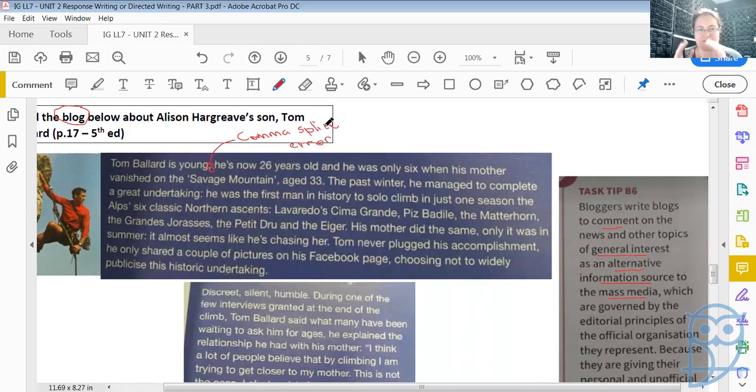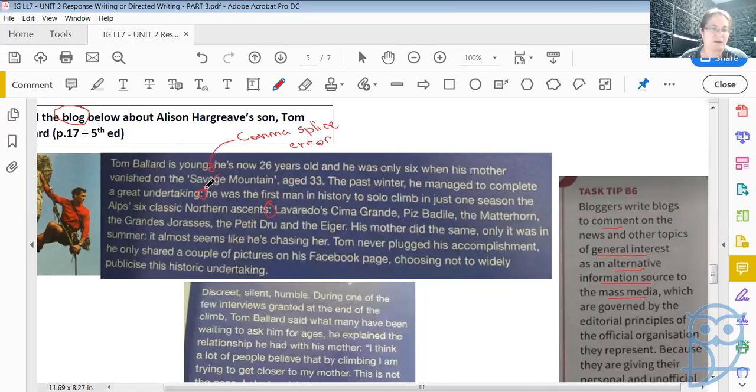Tom Ballard is young, full stop. He's now 26 years old, and he was only 6 when his mother vanished on the Savage Mountain, aged 33. This past winter, he managed to complete a great undertaking, and then it opens up the colon there, which shows that you're going to give more information, so that is good. He was the first man in history to solo climb in just one season the Alps 6 Classic Northern Ascent, and now here's another colon, and it's very strange to have a colon and then another colon in a sentence.